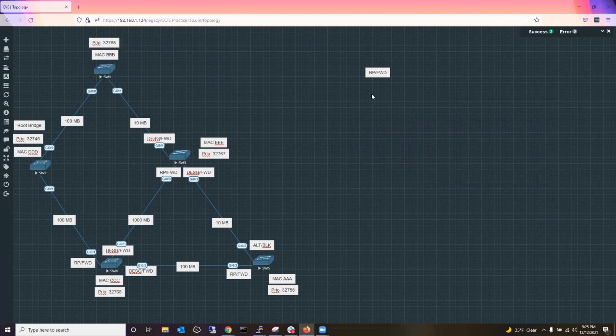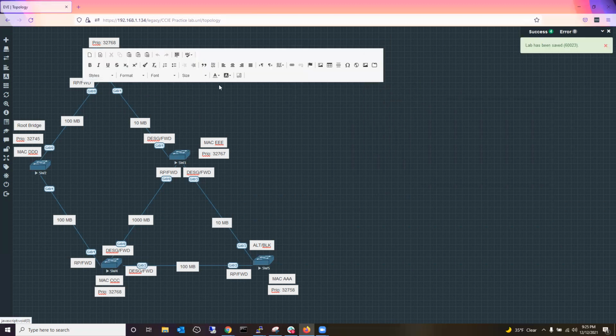Now, what about gigabit 0/1? Calvin, what would be that port role and port state? That's going to be in a blocking state. Because if that particular port is not in a blocking state, you still have a spanning tree loop from switch 1, 2, 3, and 4.